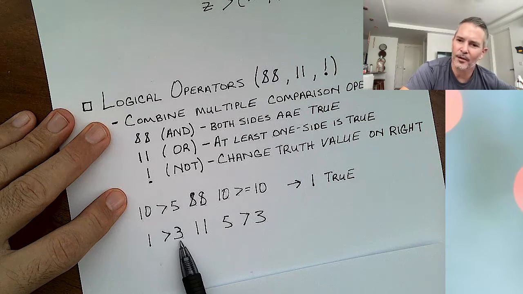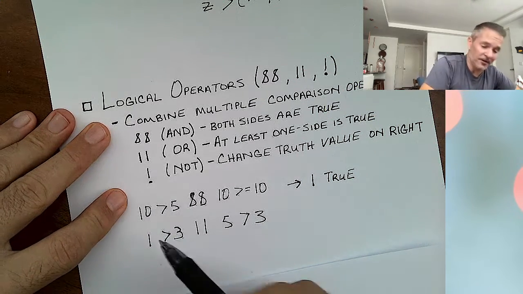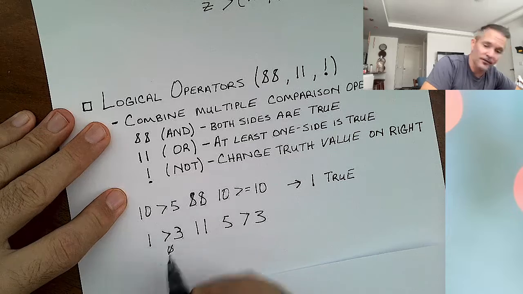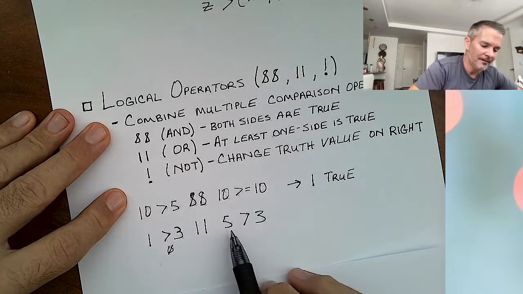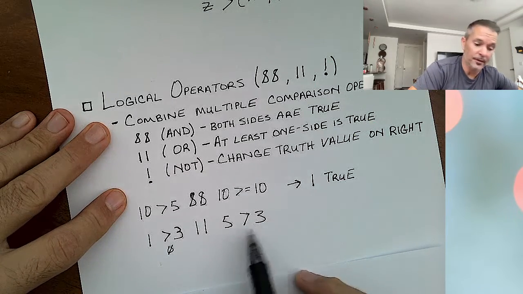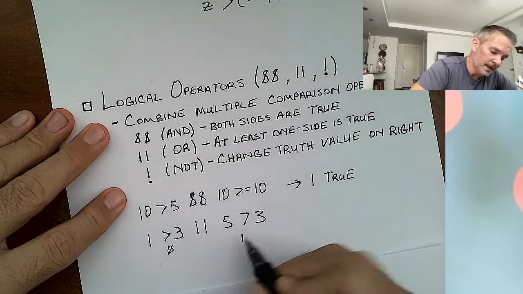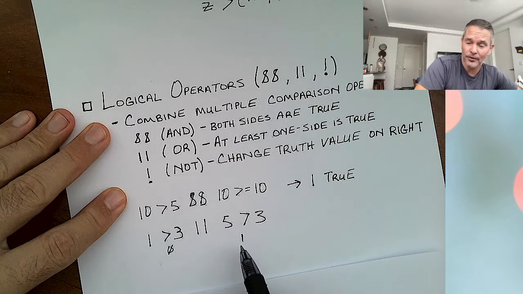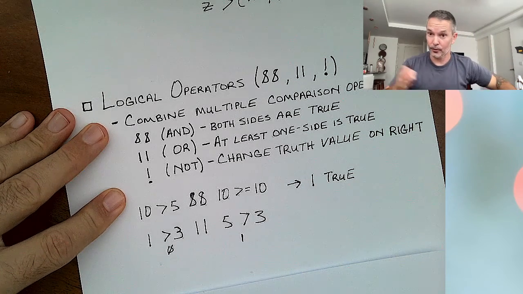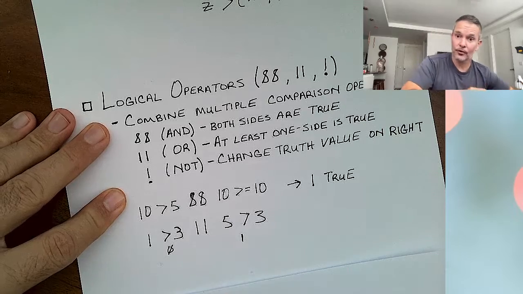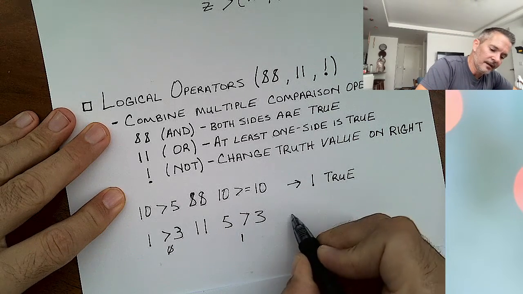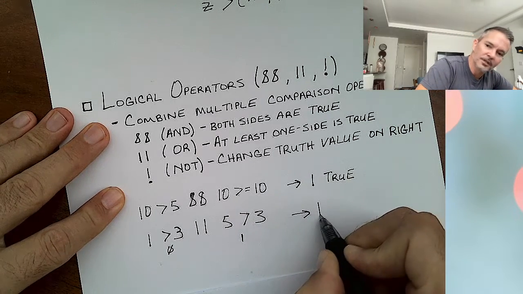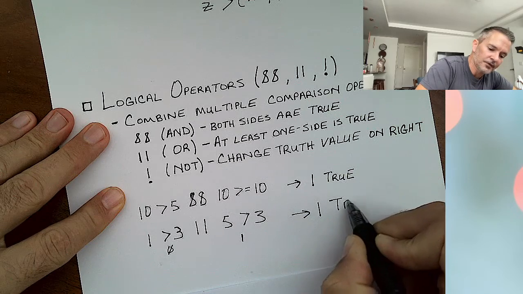Is 1 greater than 3? Well, no, it's not. That is false. That is a 0, false. But 5 is greater than 3. This is true. That's a 1. So when I apply this OR operator, I'm saying, is that true or is that true? It's also okay if both are true. If either is true or both, then the value that will come out of this expression is a 1. Again, it's true.